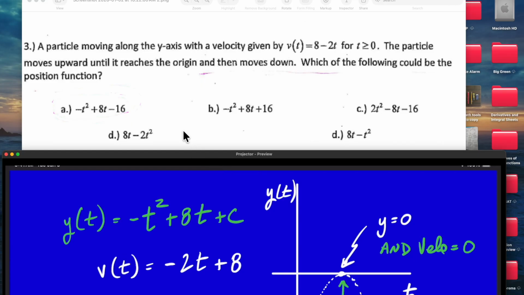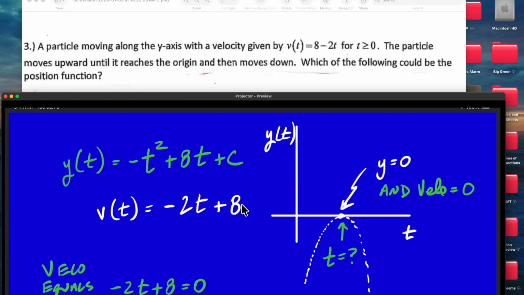Next, we are told a particle is moving along the y-axis with velocity 8 minus 2t for t greater than or equal to 0. The particle moves upward until it reaches the origin, then it moves down. Which of the following could be the position function? So folks, this is a very sneaky problem because that origin is not what we normally think of as that position right there.